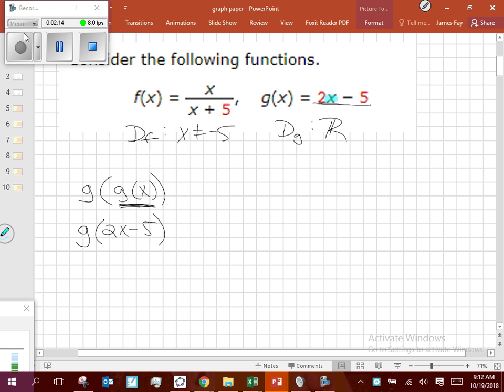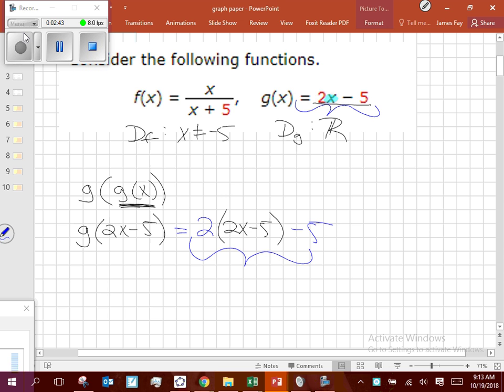So I'm going to say this is going to be 2, now my x becomes 2x minus 5, and then I've got my minus 5. Does that make sense? What I've written here, this structure is the same as that structure, correct? Except the x now becomes the 2x minus 5. All right with everybody? Okay.